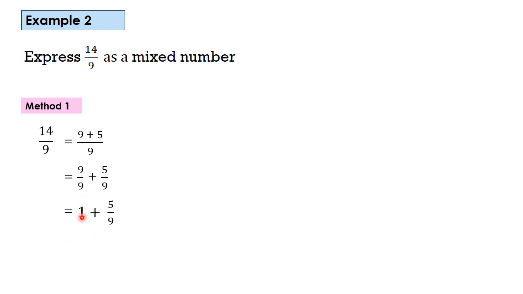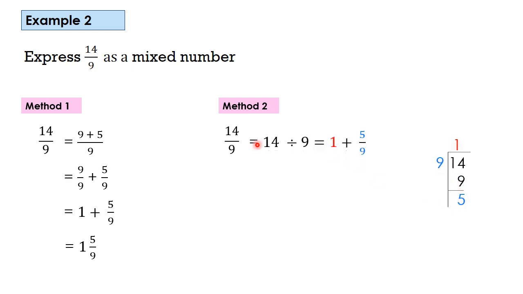So this answer is 1. Here the fractional value is 5 9ths, altogether 1 and 5 9ths. We'll go for the second method. In the second method, 14 divided by 9 is one time and remainder 5. So let's write the conclusion here.